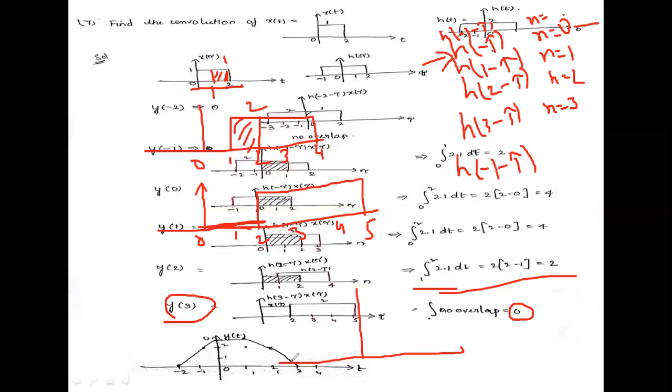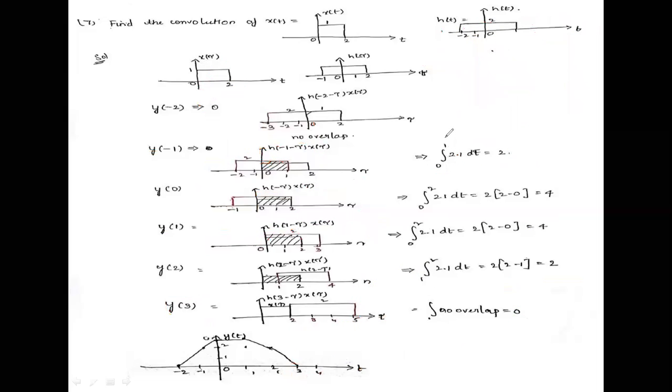Moving towards the left side means it starts from the minus 2, minus 1, 0 and ends at the 1. Okay, this is h of minus 1 minus tau. Now see where it overlaps, because x of tau is 0 to 2 and here the 0 to 1 the value is there. Now take this range, 0 to 1: 2 into 1 dt, that is equal to 2.